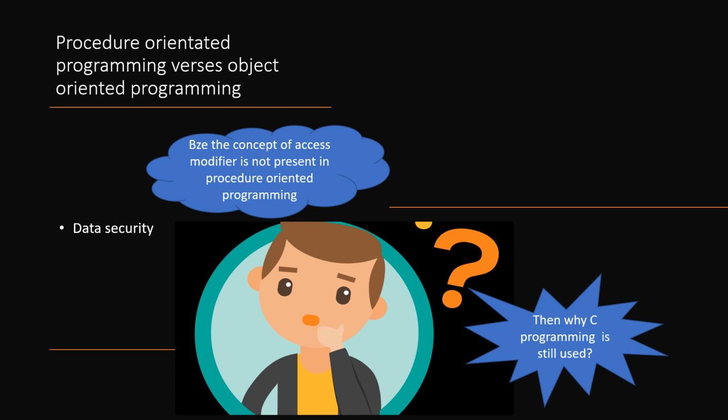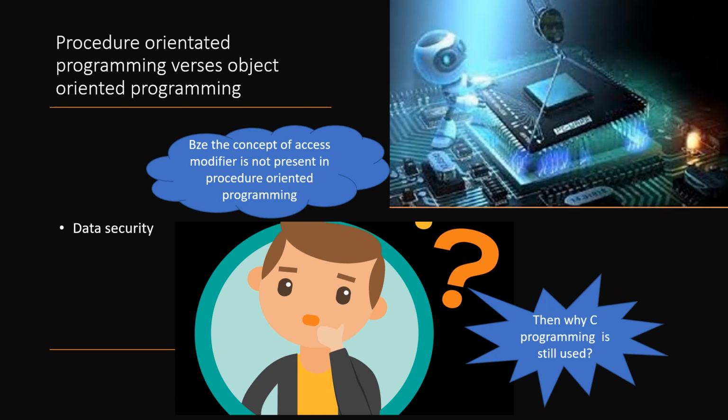The best example, as I said, is a calculator. Are you doing any transaction here? Are you sending some data via network? You are not doing anything, so there is no security required here. So where is C used then? C is used in embedded system designing. So this was the main difference between procedure oriented programming and object oriented programming.